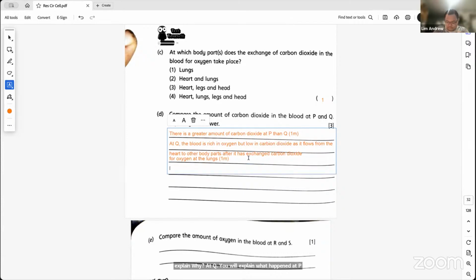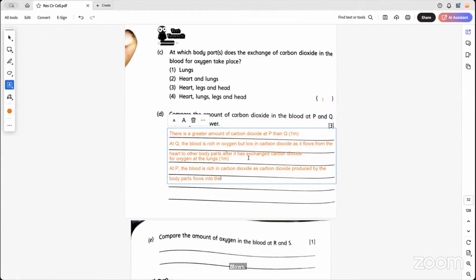So you explain that at P, the blood is rich in carbon dioxide as carbon dioxide is produced by the body parts, and the blood flows to the lungs to exchange carbon dioxide for oxygen.